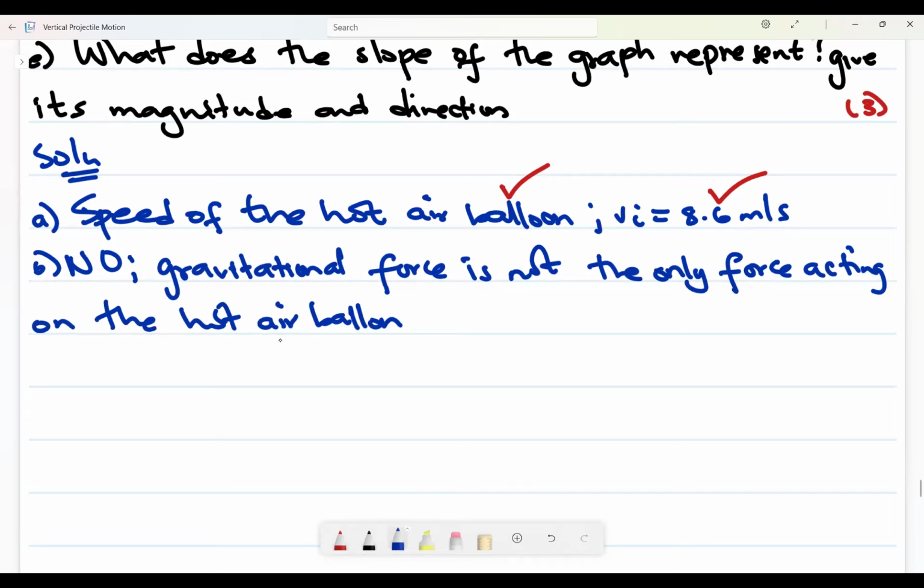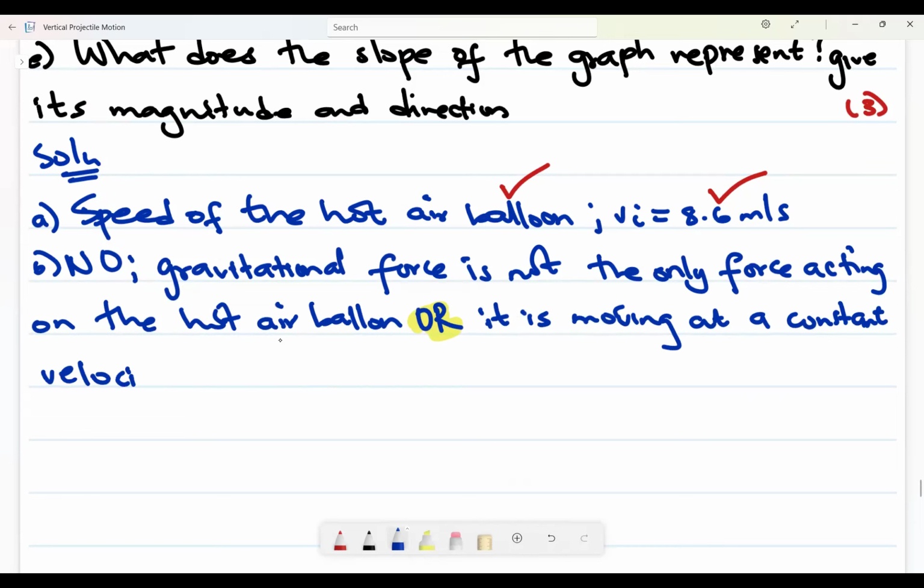Or you'd say no, because it is moving at a constant velocity. And now we know that for a free fall, it does not move at a constant velocity.